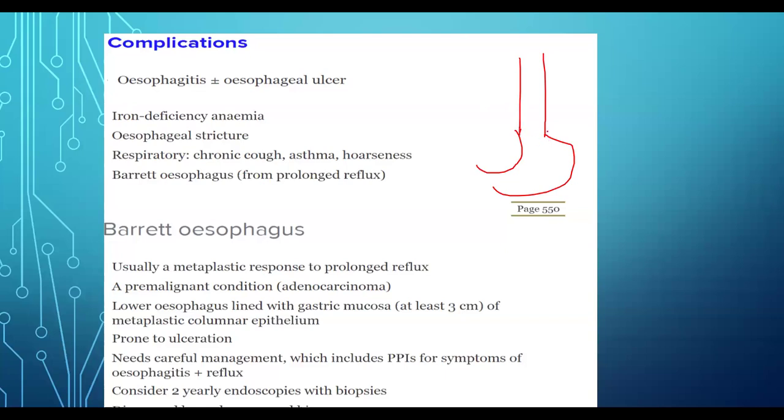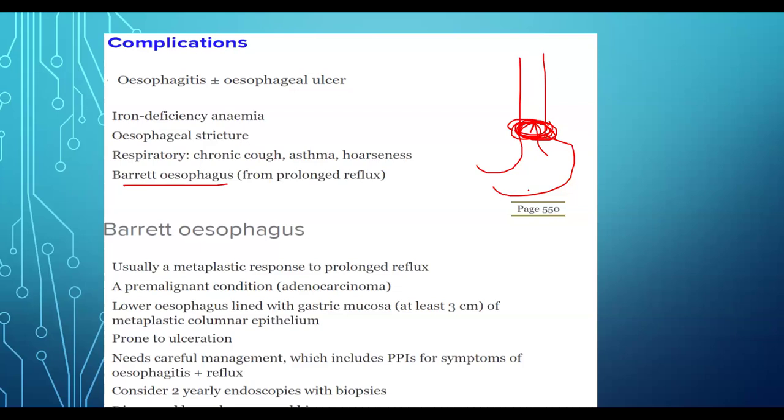You know that the esophagus has squamous cells and the stomach has columnar cells. Because of prolonged acidic reflux, this lower end can change into columnar epithelium, and columnar epithelium is more prone to get adenocarcinoma. So there is what we call Barrett's esophagus, when there is a change of mucosa in the lower end of the esophagus due to prolonged acidic reflux.